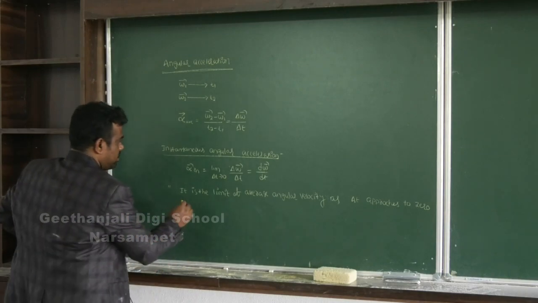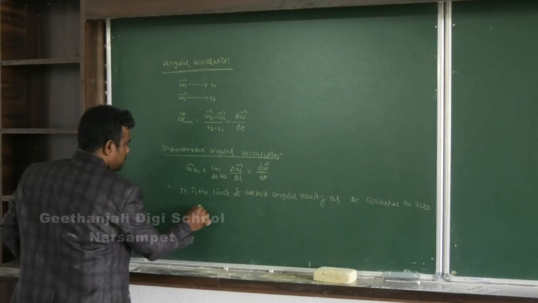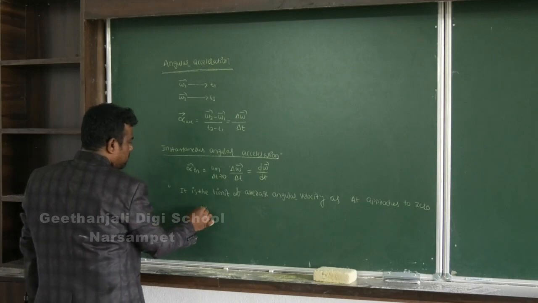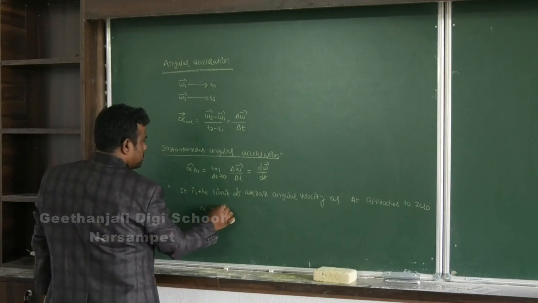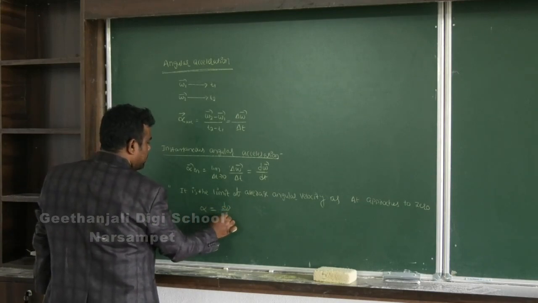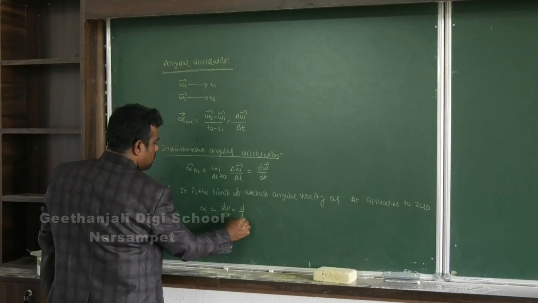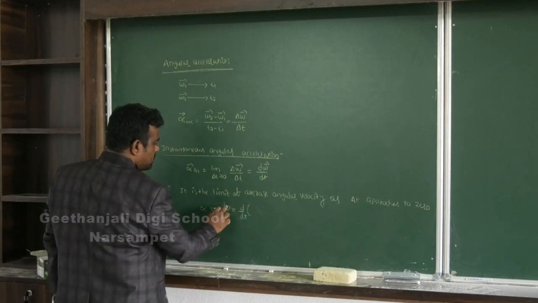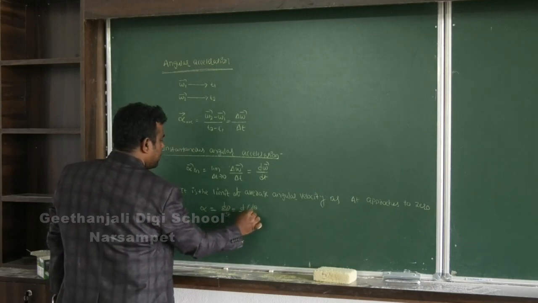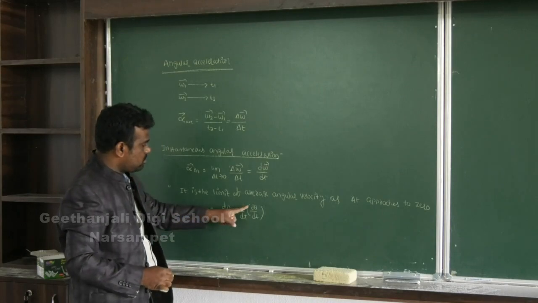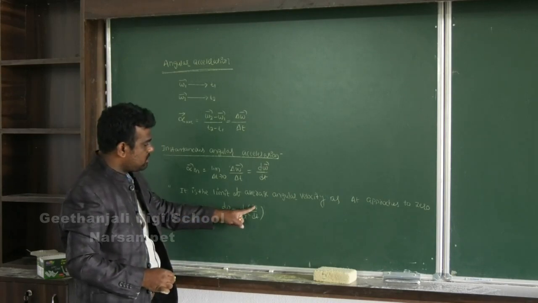Now let us write different forms of angular acceleration. Alpha is equal to d omega by dt, but you know omega is equal to d theta by dt, angular displacement by time.